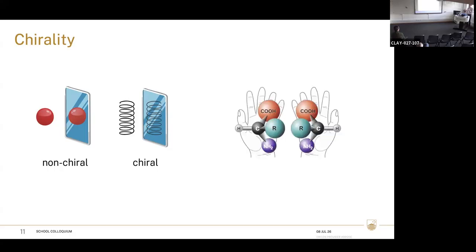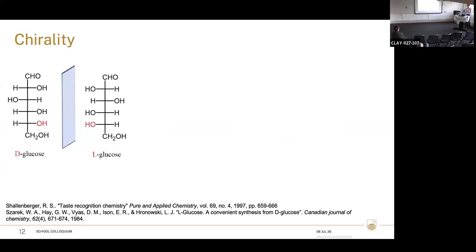There are many chiral objects in nature around us. For example, our hands are chiral, and some molecules have chiral isomers. One such example is glucose, which is simply a sugar. There is D-glucose, which is quite well known, and we eat it every day. But there is also L-glucose, which is basically the chiral copy of D-glucose.